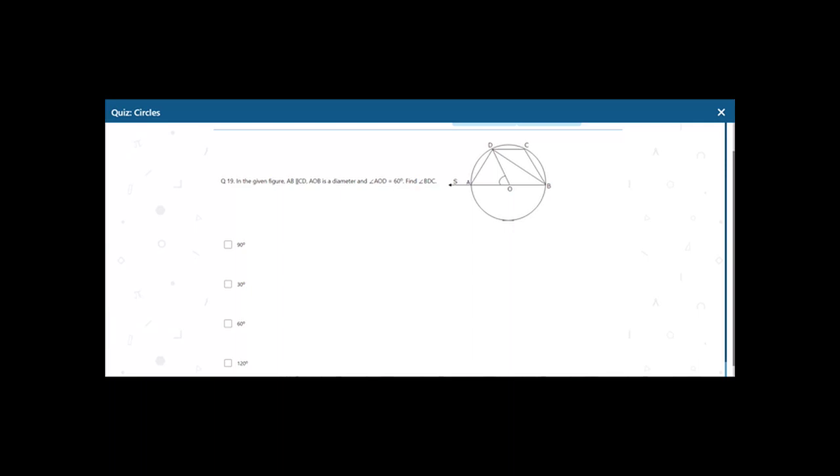How did you get 30? Alternate angles, ma'am, because AB is parallel to CD. That's correct.